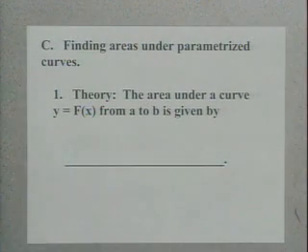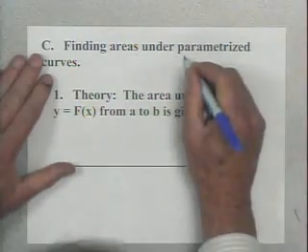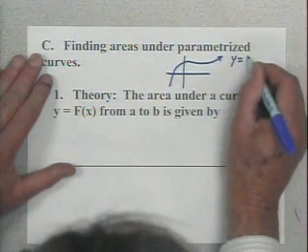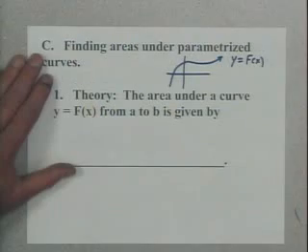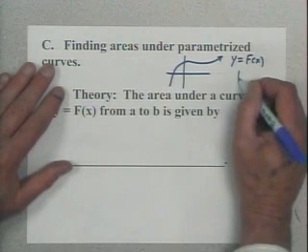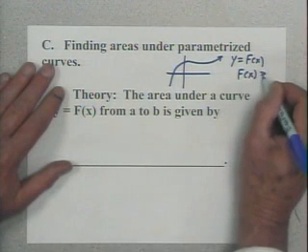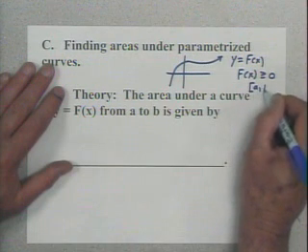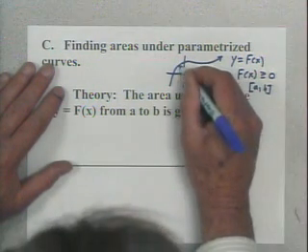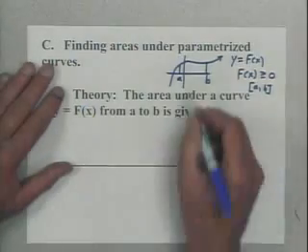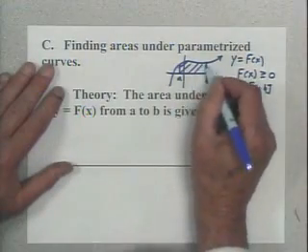Okay, theory. Well, first they want you to do a recall. Because if you had a function y equals f of x, and the function stayed greater than or equal to 0, all the way from A to B, so if this is A and that's B, do you remember how we found this area?